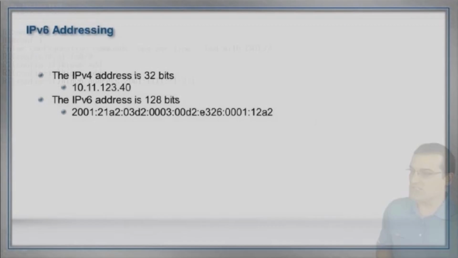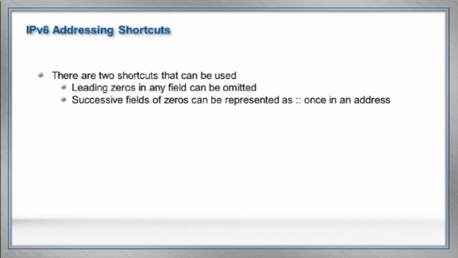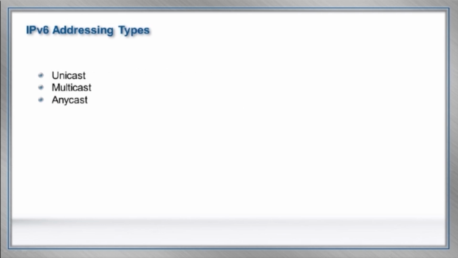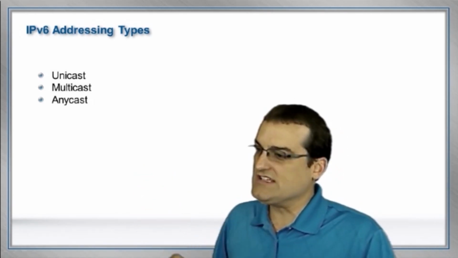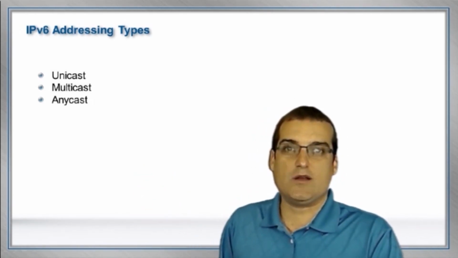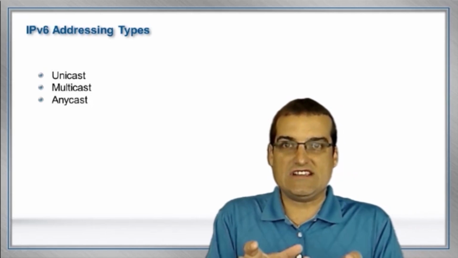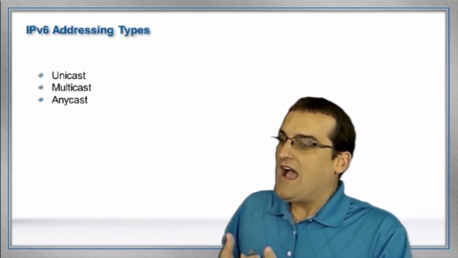Now the last thing I wanted to talk to you about in this particular presentation, other than these IPv6 addressing shortcuts that we just looked at, is indeed the different IPv6 addressing types. Later on in our series of videos, we'll teach you all about multicast, which is sending traffic to a group of receivers instead of the traditional unicast, where you send traffic to exactly one workstation on the network.